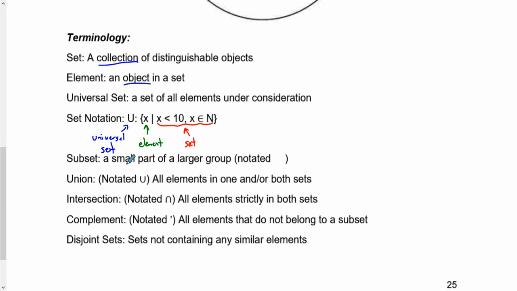Subset. A subset is just a smaller part of a larger group. It's notated with a sideways U. It's kind of more like a C, but that's not the problem.